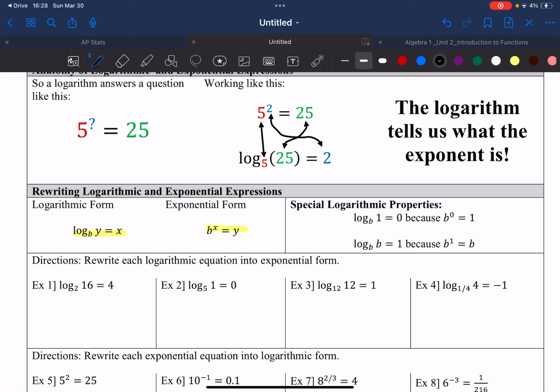So technically we could follow the same exact pattern. Notice how I circled the 5, and I'm going to draw my arrow pointing to the 2. So this is log base 5 of 25 is equal to 2. We're going to do that same thing for every single one. So this is log base 10 of 0.1 is equal to -1.